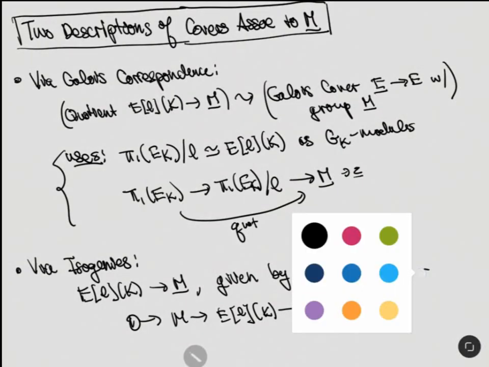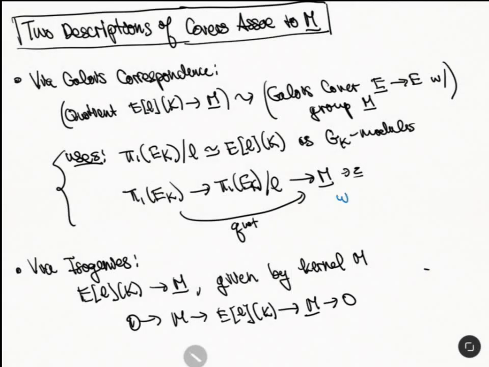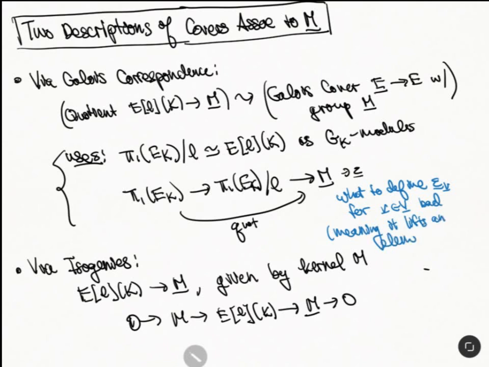What we want to do is define epsilon underline v for v underline in here, a bad place. This means it lifts an element of this thing, V bad mod.